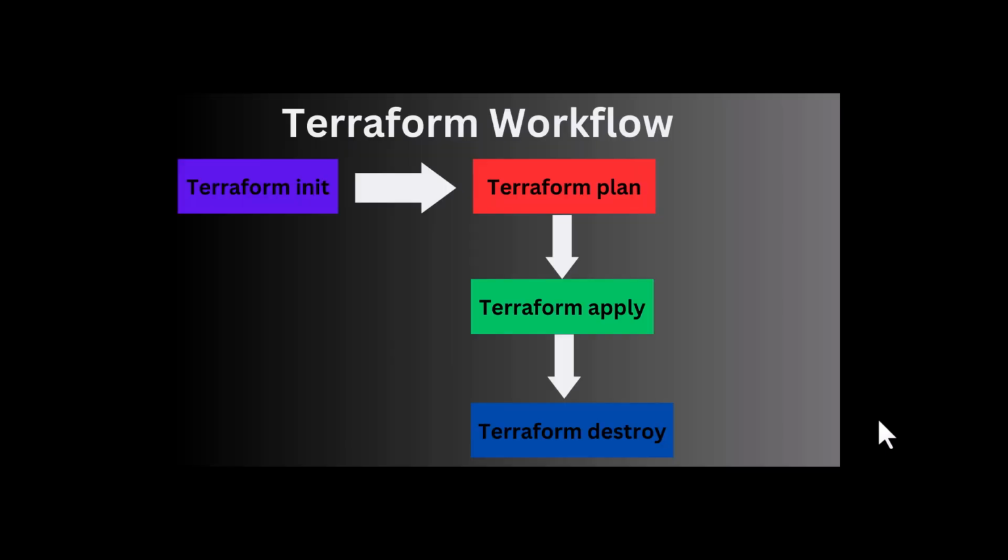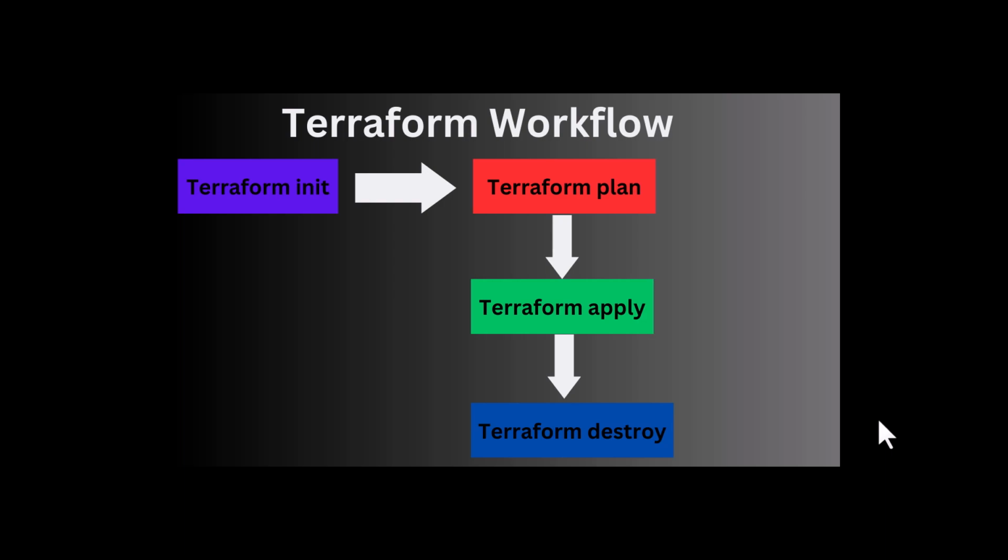So now let's move to the Terraform workflow. Here we have a chart where you can see we have basically 4 steps in Terraform. First one is terraform init. Basically, it's used to initialize the infrastructure, and after it is initialized, we have terraform plan, where we can see what we are going to do.